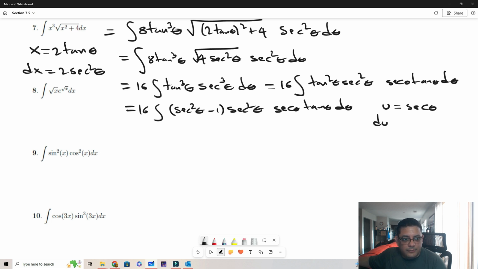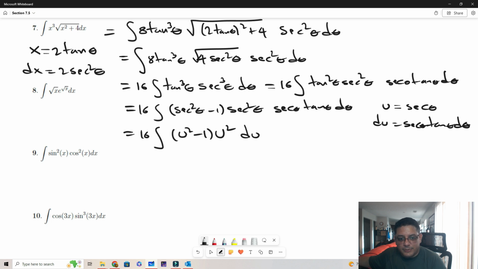And so the du is, of course, what we were expecting, secant of theta tangent of theta d theta. And this is the du. And this transformed into 16, this is u square minus 1, u square here, and then du. And so, of course, then this becomes 16 times u to the 4 minus u squared du.